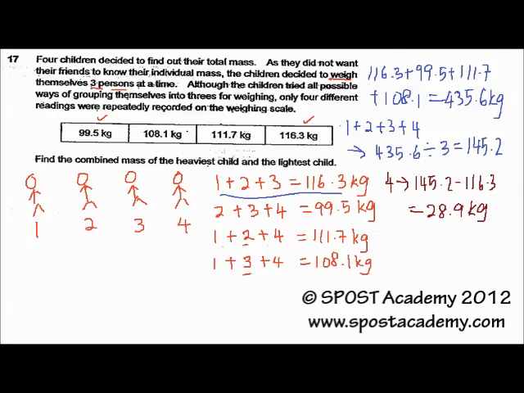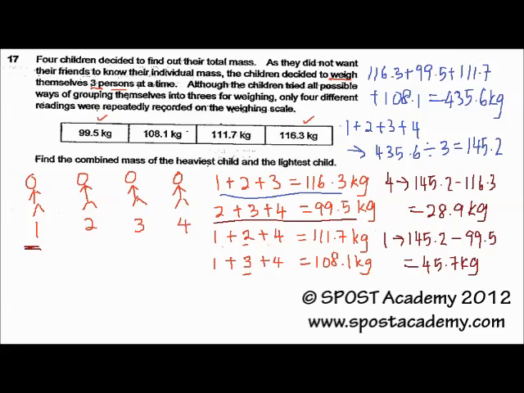To find number 1, which is the heaviest, I can use this equation here. It is the same thing: the total mass of the 4 children minus 99.5, which gives us 45.7 kg.